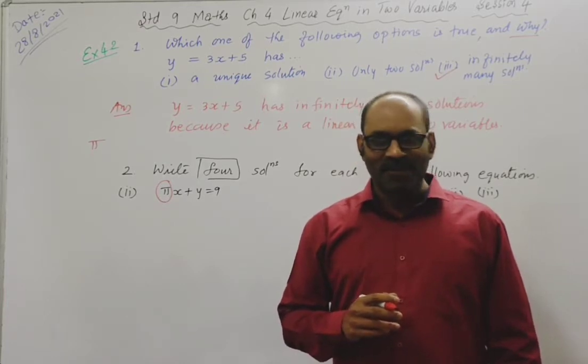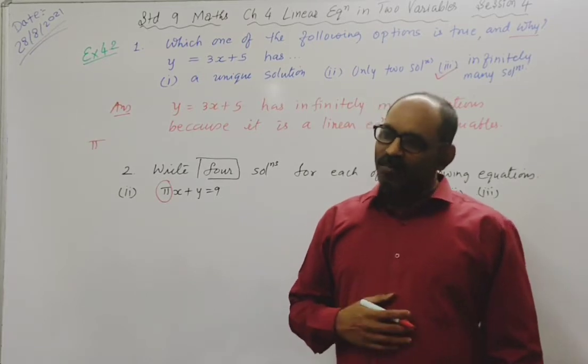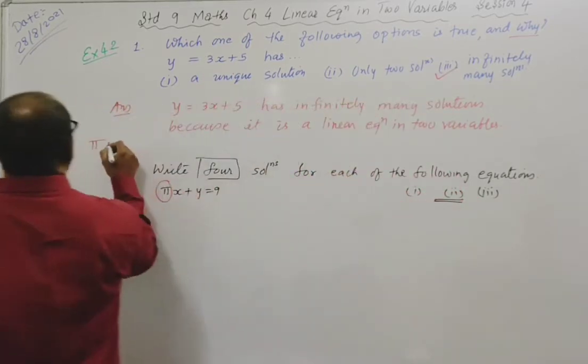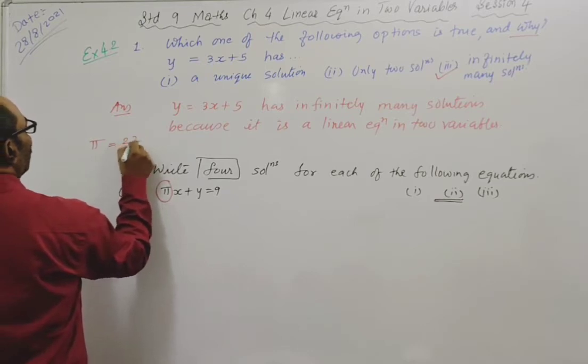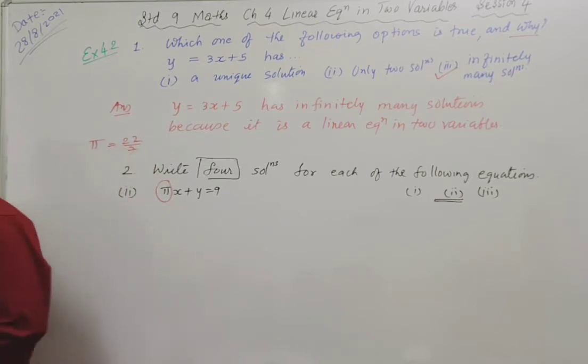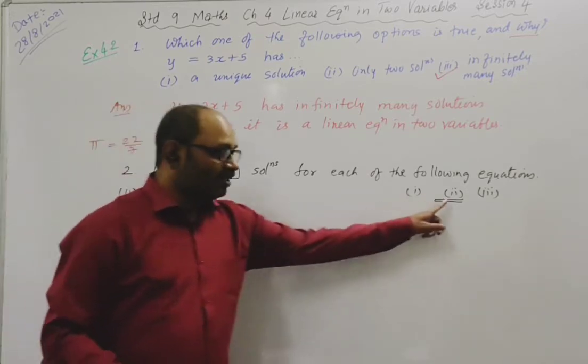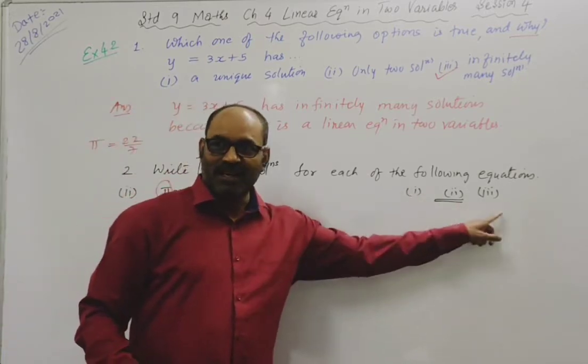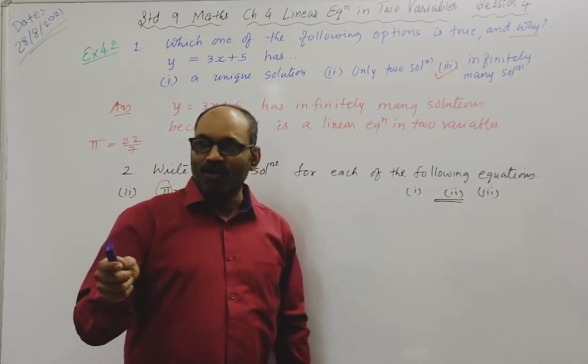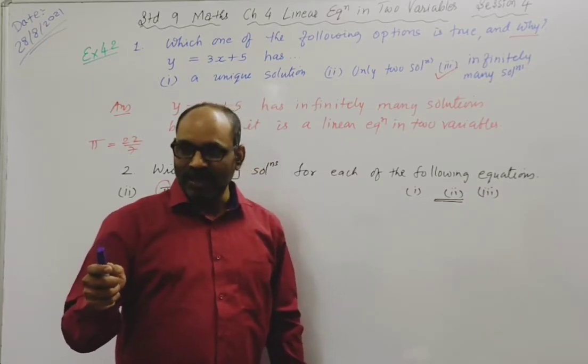You know its value? What is its value? 22 upon 7. Yes. Pi is a constant and it is 22 upon 7. Okay, I'm going to solve only the second one. First and third, you will be solving from home. They are very easy. Okay?